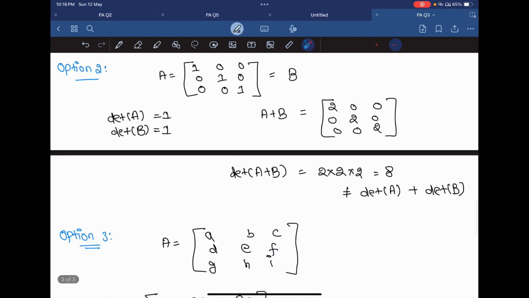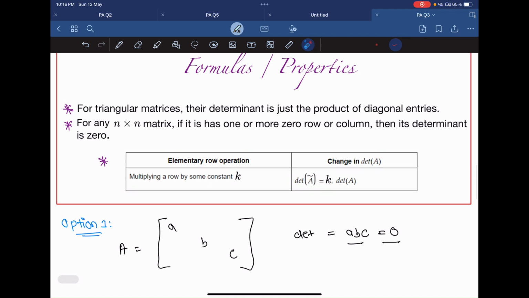Now we know one fact of the determinant that if you multiply one row by some constant K, then the determinant of the new matrix would be equal to K times, that is the constant by which you are multiplying, times the original determinant. Now this is our row operation. This row operation we can replicate in the column operation also. That is, if you multiply a column by some constant, then the change in the determinant would be the same as in the case of row operation.